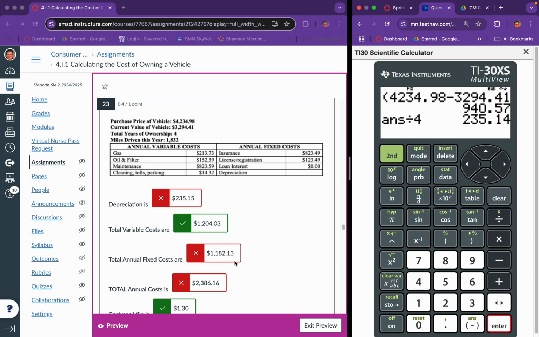So that's going to put me a penny off on this and probably on that as well. So, yep, I was a penny off. 4,234.98 minus 3,294.41 divided by 4 is 235.14. Yep. Anyway, you have the idea on how to do those correctly. I don't know how I got to be a penny off, but I did.